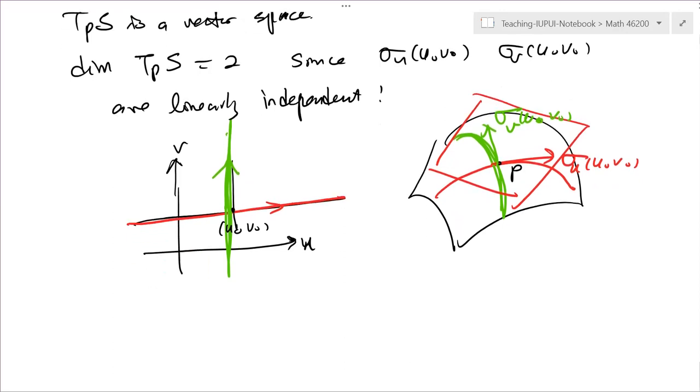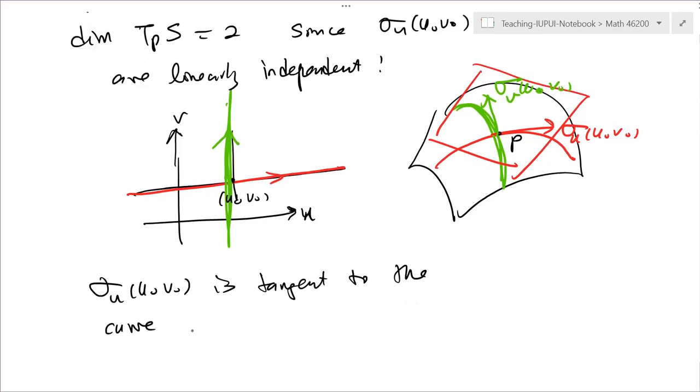So sigma u is tangent to the curve. I call it the u curve, maybe gamma u.